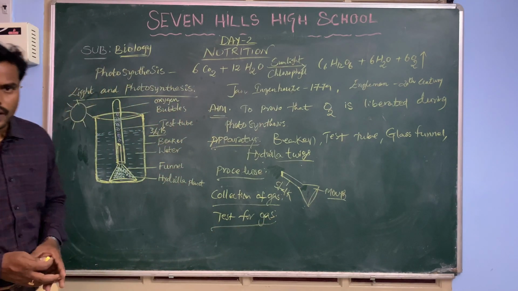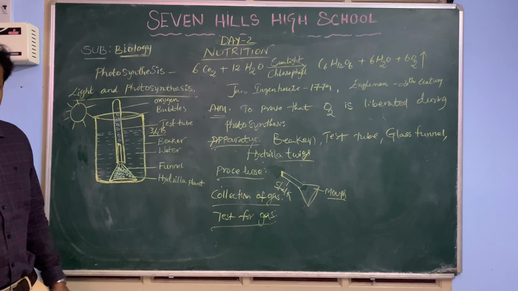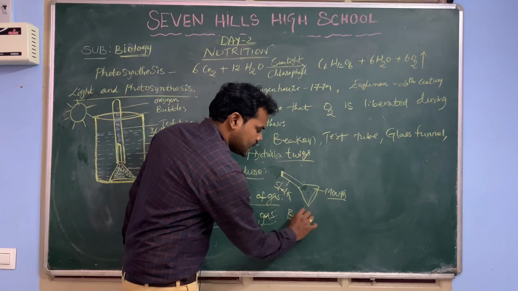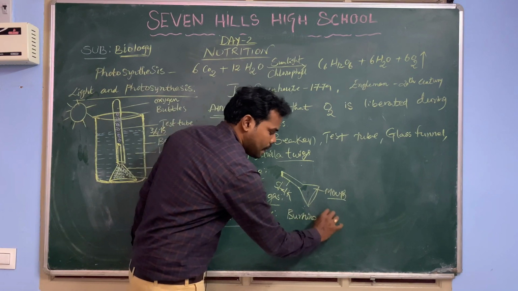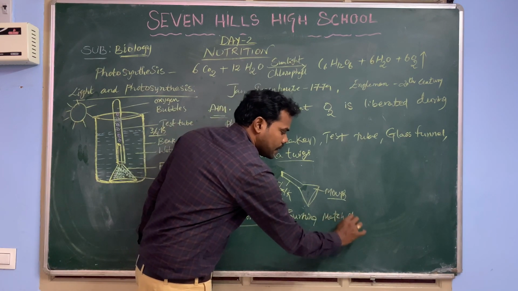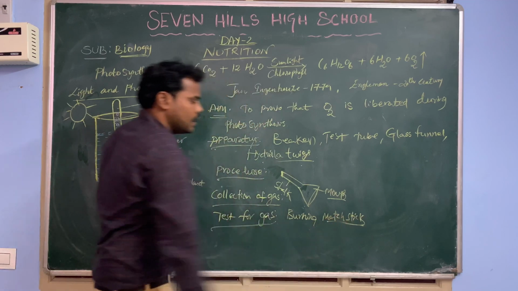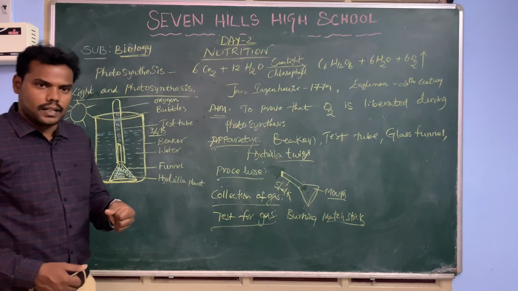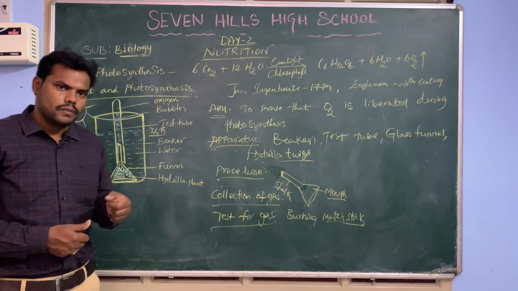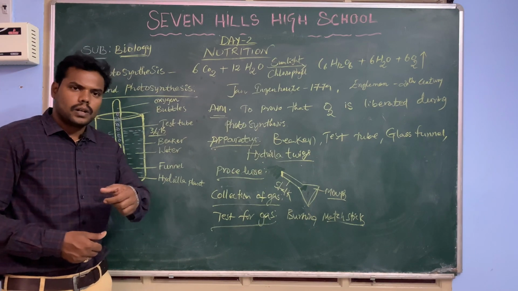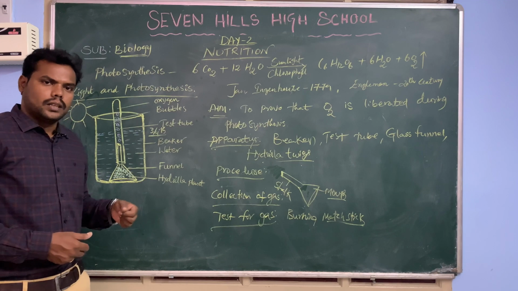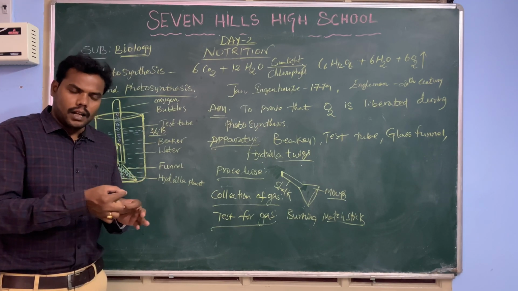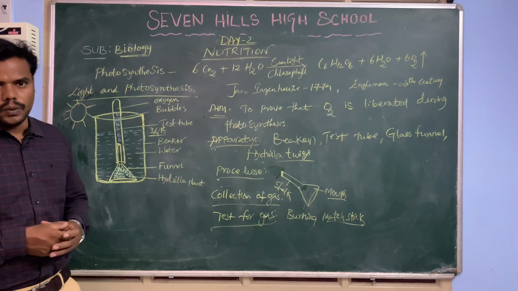Which test are we going to conduct to identify the gas? We have to take a burning matchstick. Where we closed the mouth of the test tube with the thumb finger, we carefully remove the thumb finger and place the burning splinter at the mouth of the test tube.